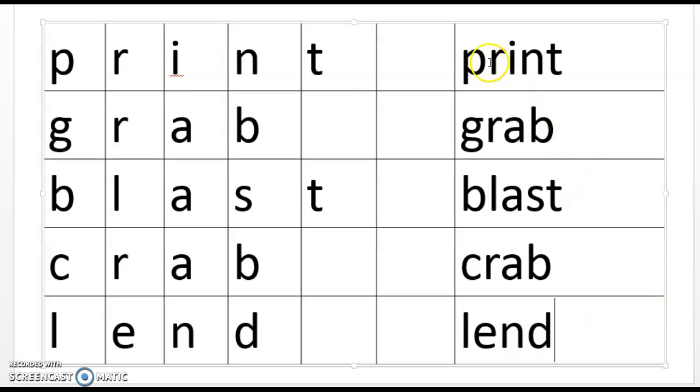Let's take a look at the top here. We're going to read the words from top to bottom. Word? Yes. Print. Word? Yes. Grab. Word? Yes. Blast. Word? Yes. Crab. Word? Yes. Lend.